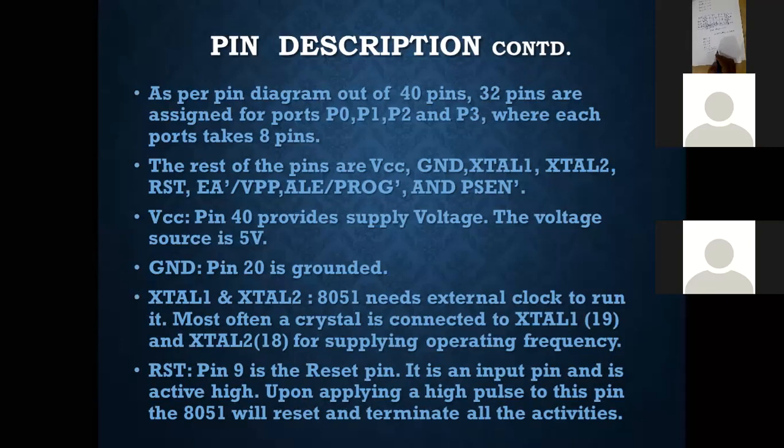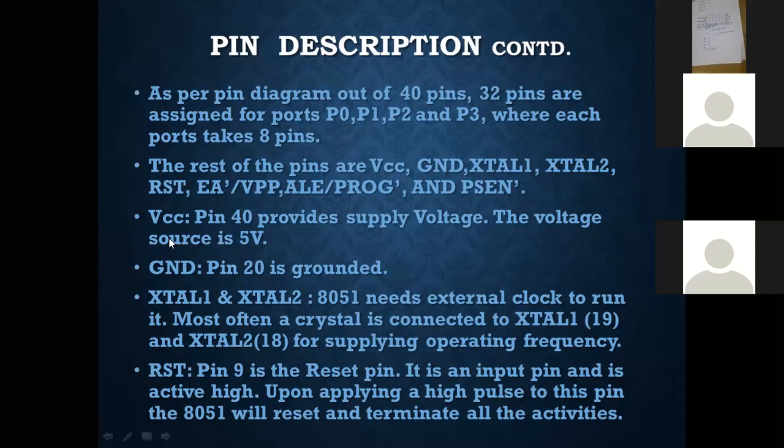So what are the 8 pins? Just look into this. Number 1 is VCC, number 2 is ground, numbers 3 and 4 are crystal 1 and crystal 2, number 5 is RST, number 6 is EA bar oblique VPP, number 7 is ALE oblique PROG bar, and PSEN bar, number 8.